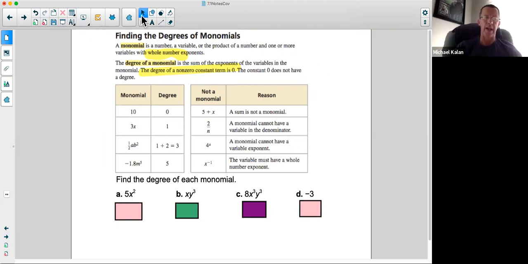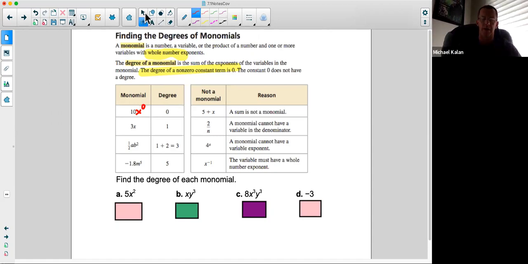If I wanted to, couldn't I put x to the 0 on here? Because x to the 0 is just 1, and 10 times 1 is 10, right? We don't need to do that, but that would explain why it's a degree of 0.